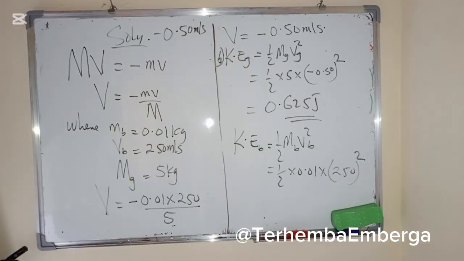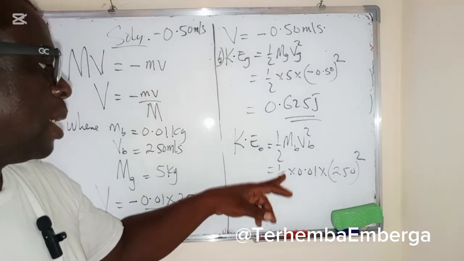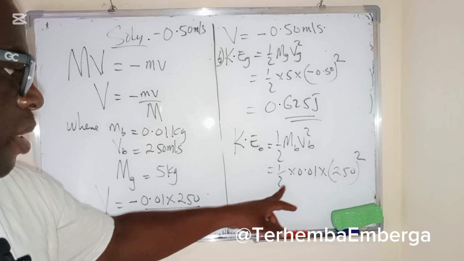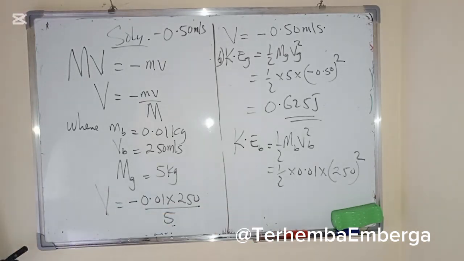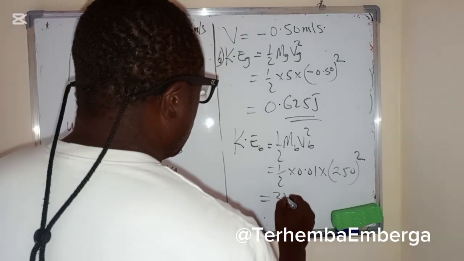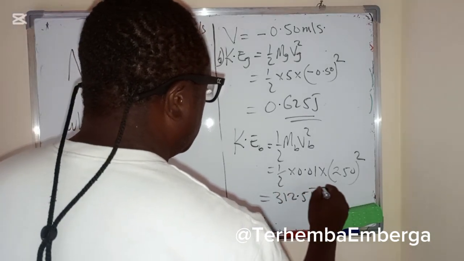So by the time we square 250, multiply by 0.01 and divide by 2, we'll have 312.5 joules.